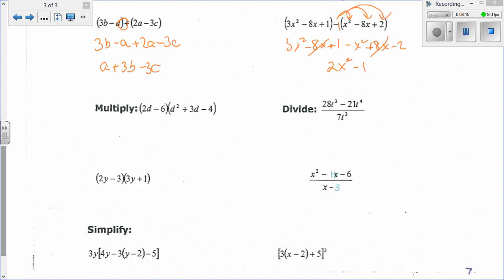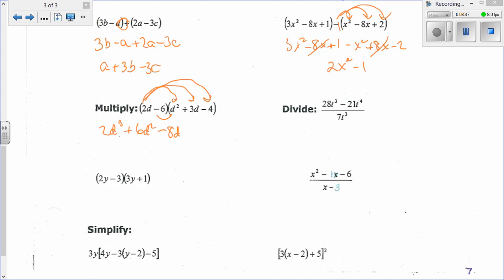For multiplying, just do distribution. I'm going to have to multiply every term in the second set of parentheses by 2d. And to do that, I would get 2d cubed plus 6d squared minus 8d.